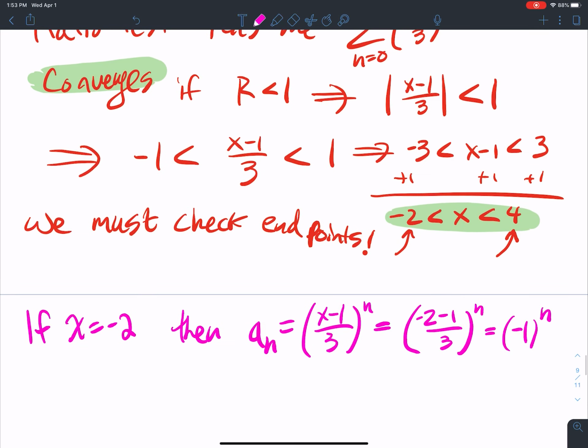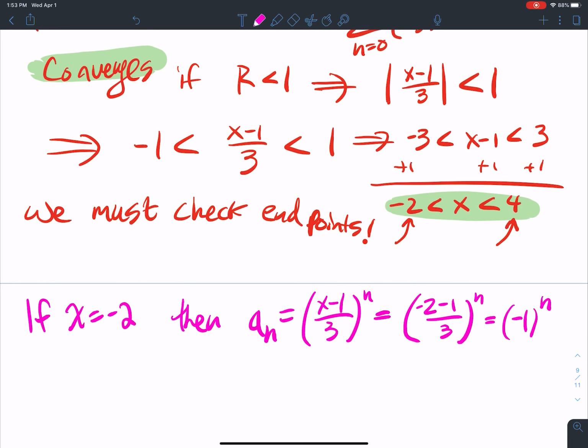And what do I know about that? Well, the limit as n goes to infinity of a_n is equal to the limit as n goes to infinity of negative 1 to the n.